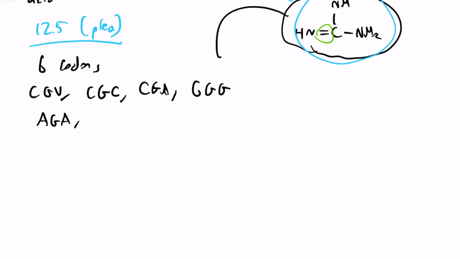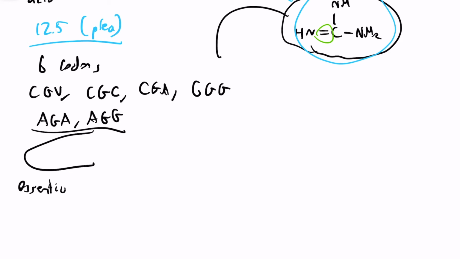We've got AGA and an AGG. Cool. And if you want to actually eat lots of arginine, because it is an essential amino acid, you can eat eggs or dairy products. So feel free to eat those and stock up on some arginine.